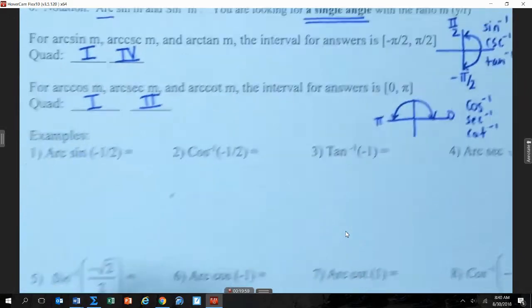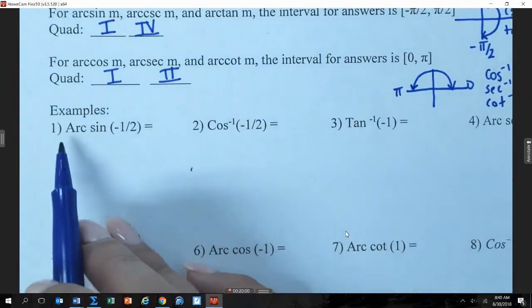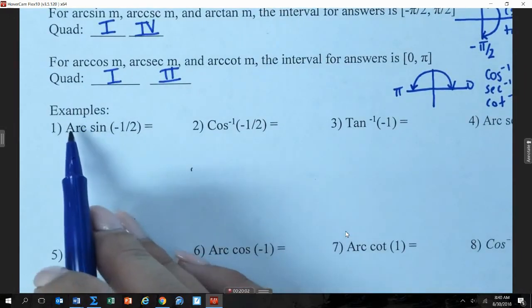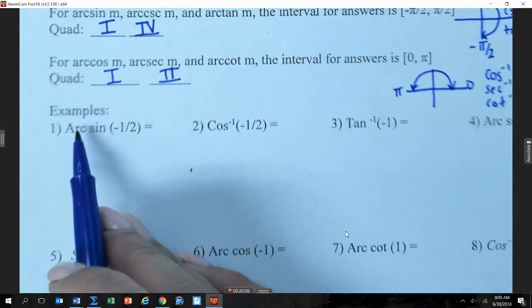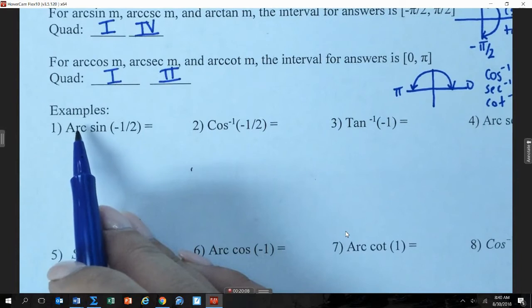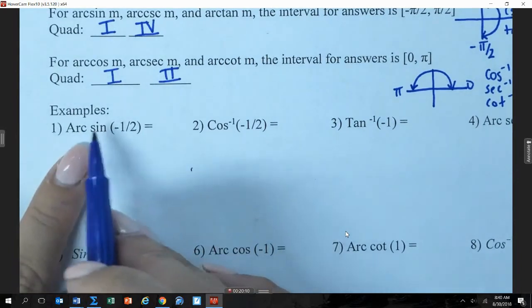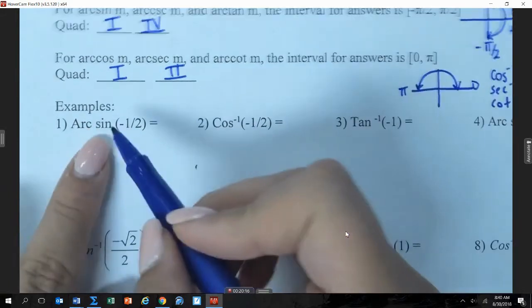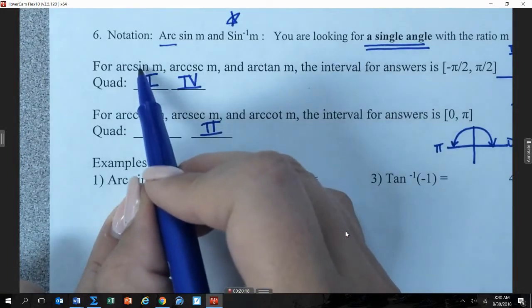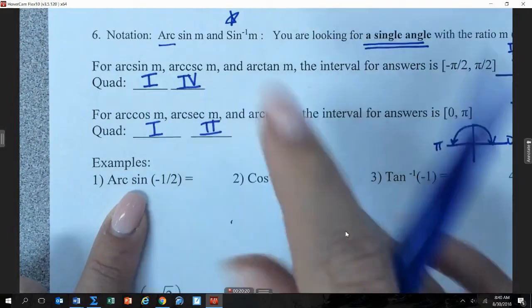Okay? All right, so looking at this first example, it says arc sine. As soon as you see arc in the problem, how many answers are you going to have? 1. Okay. So I'm going to start by determining what quadrants this could be in. If it's arc sine, my answer is either going to be in quadrant 1 or 4.